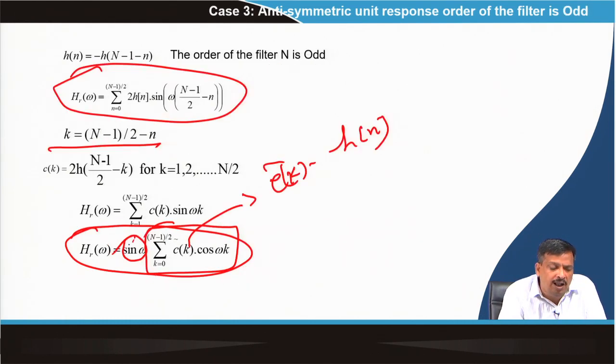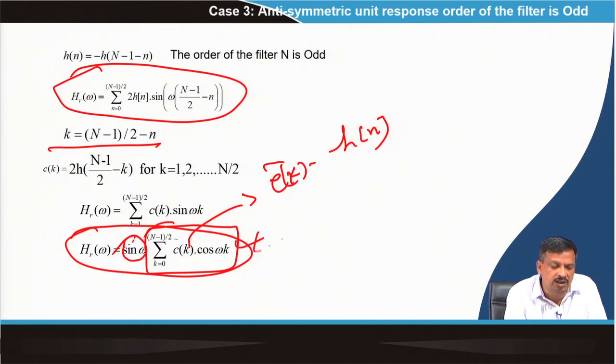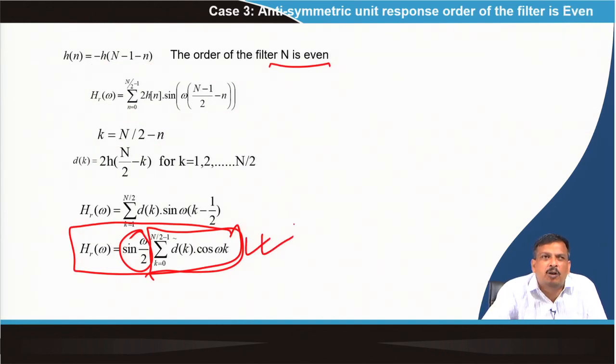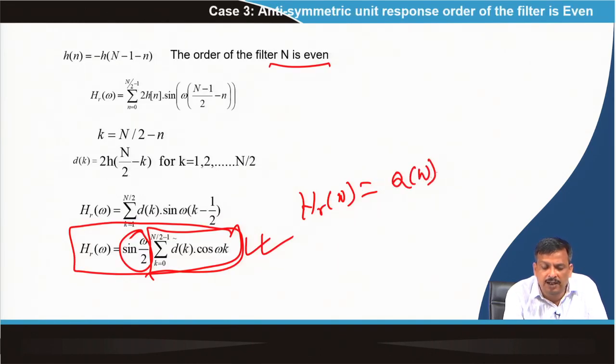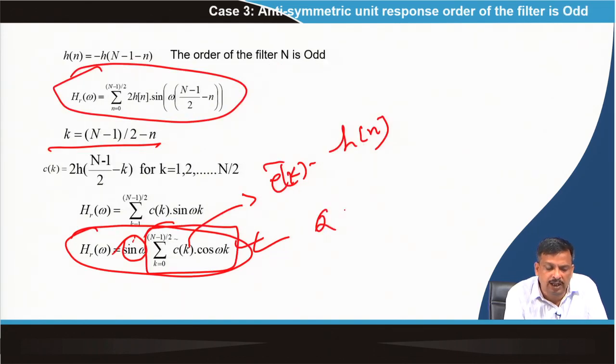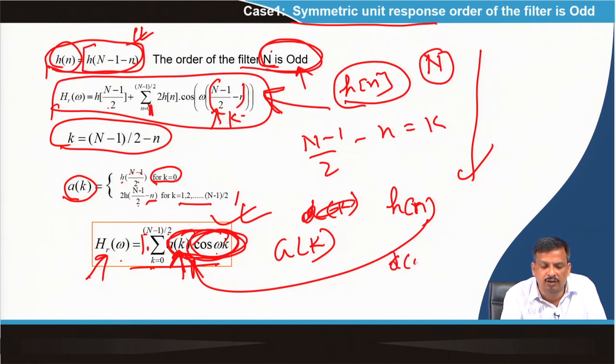So, if I write all four equations in a summarized format, I can say H_R(omega) is nothing but Q(omega) multiplied by P(omega), where Q(omega) in one case is sin(omega/2), in another case sin(omega), in another cos(omega/2), and in the last one Q(omega) equals 1.